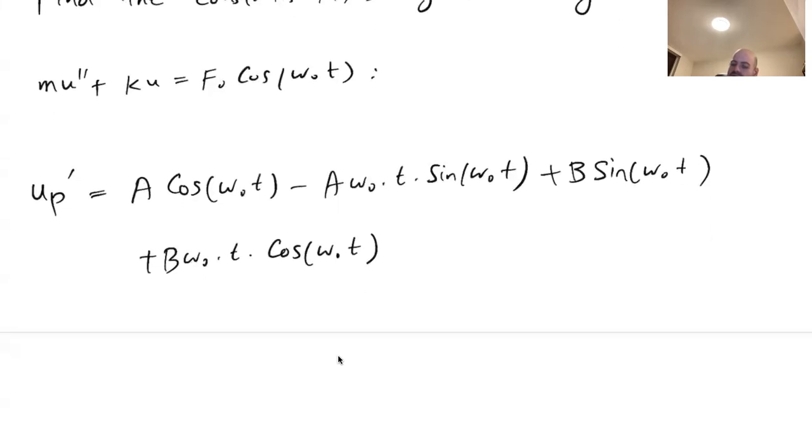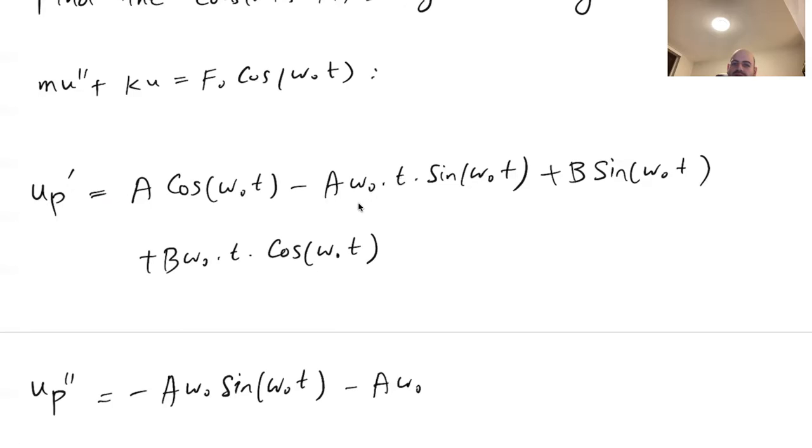So this is the first derivative, and then the second derivative, up double prime, will be minus a omega naught sine omega naught t, minus a omega naught. For the derivative of this term, using the chain rule, the derivative will be this. For the derivative of the second term here, we have to use the product rule.